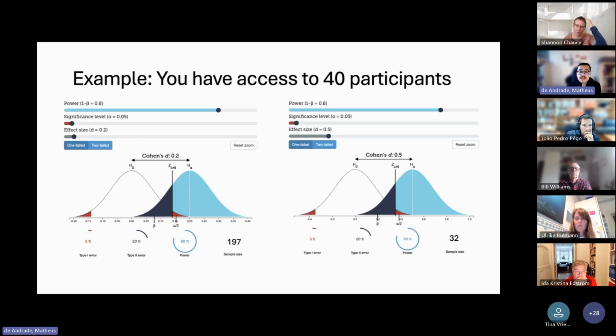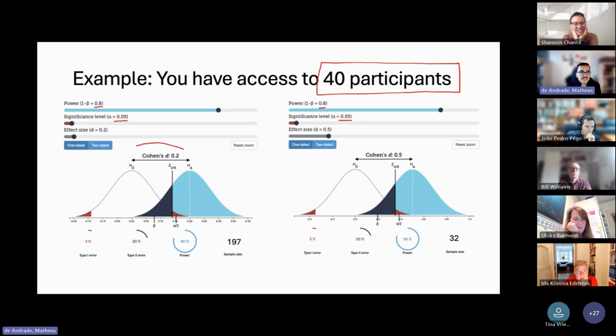So let me give you an example. In your context, let's suppose that you have access to 40 participants and that you're running a study with 0.8 power, which is more or less standard, and 0.05 significance level, which is also more or less standard. But you can choose between 2 experimental designs.